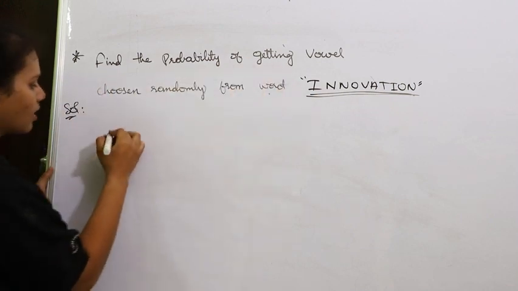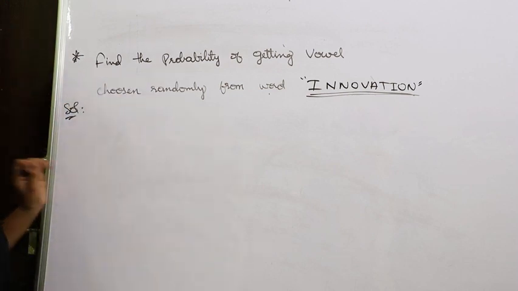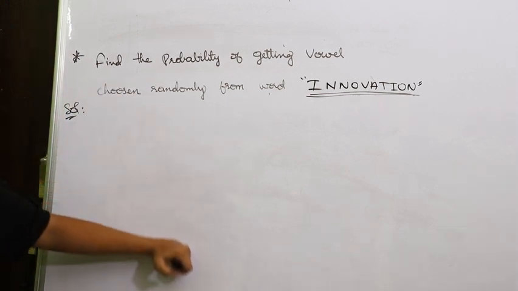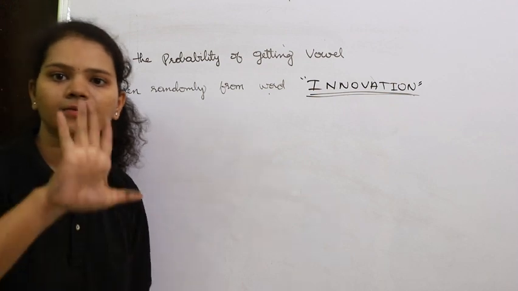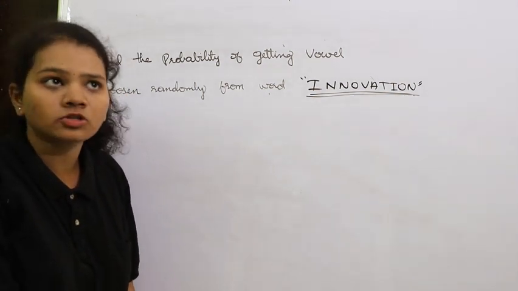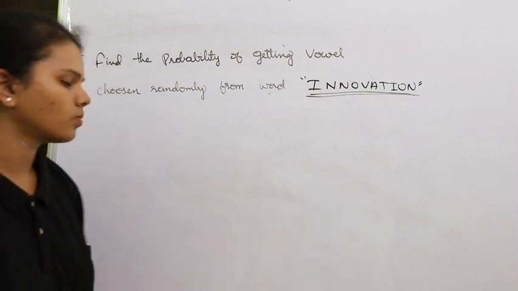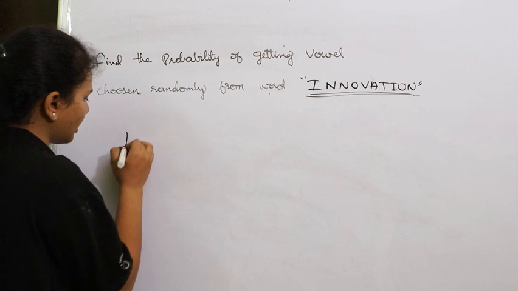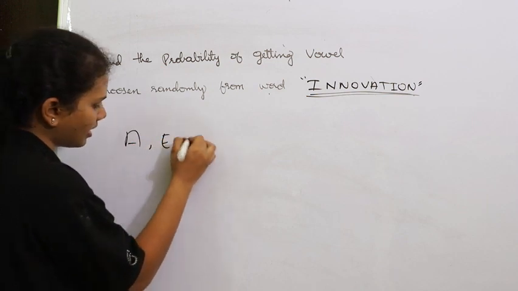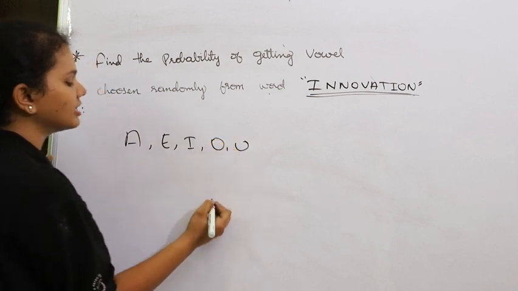Firstly, let us find out how many vowels we have in the English alphabet. We have 5 vowels in the English alphabet. And what are those vowels? A, E, I, O, U are the vowels in the English alphabet.